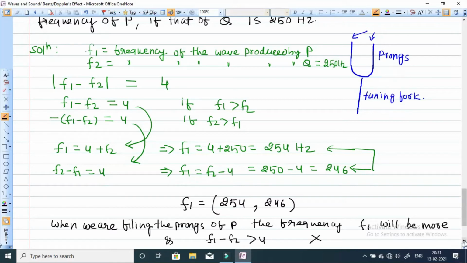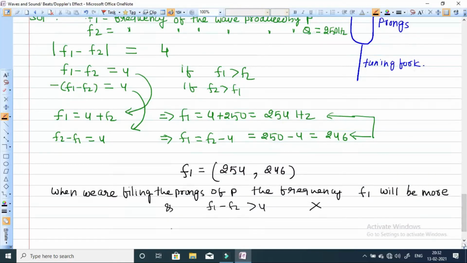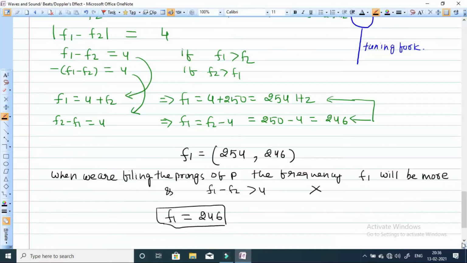So we can say that the frequency f1 will be equal to 246. This is the value of the frequency that is produced by the prong P.